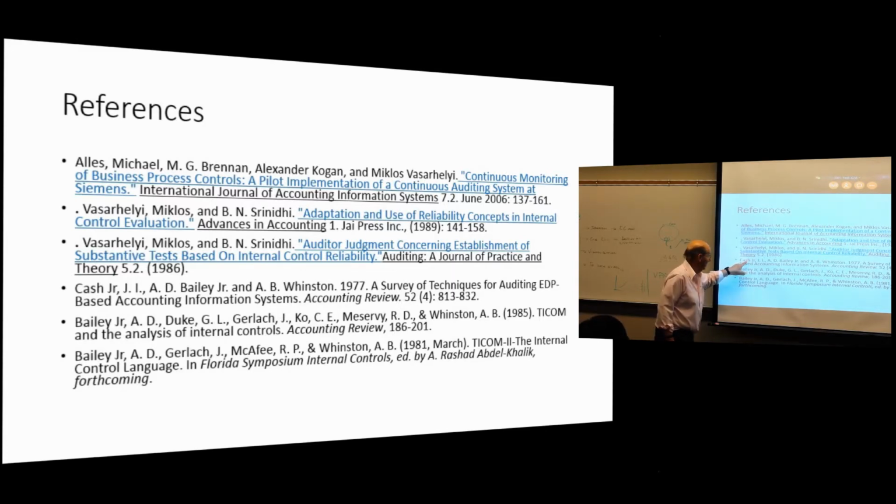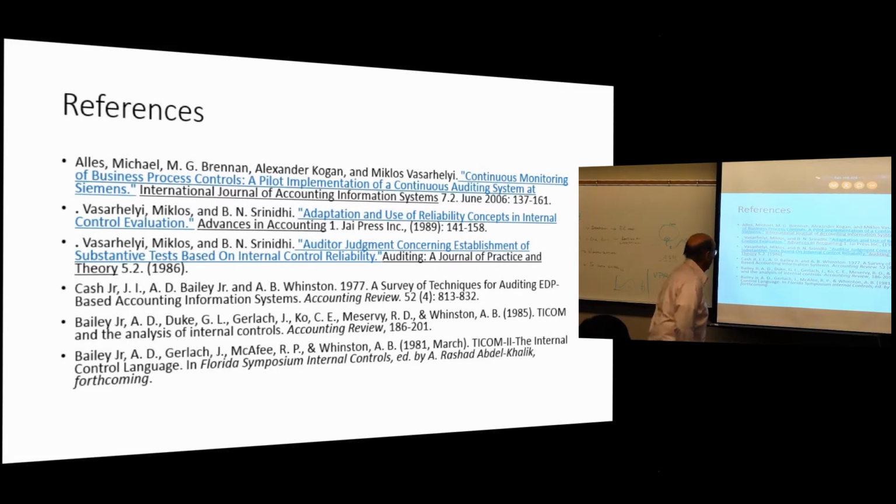And he's still at Harvard, et cetera. And they developed this thing called TICOM, the internal control language, and I refereed probably half of these papers, because they didn't have a lot of people with computer skills that did the refereeing. I always thought it was an interesting idea. They had some formalization in there. They didn't get very far, but it was a great contribution to literature. And it's still probably the best thing we have.